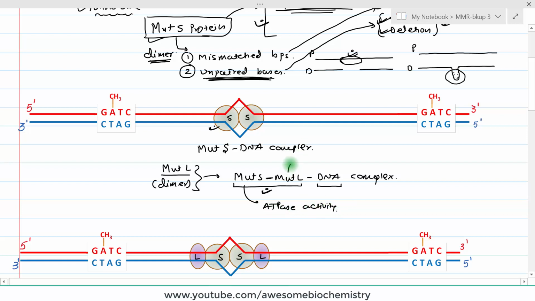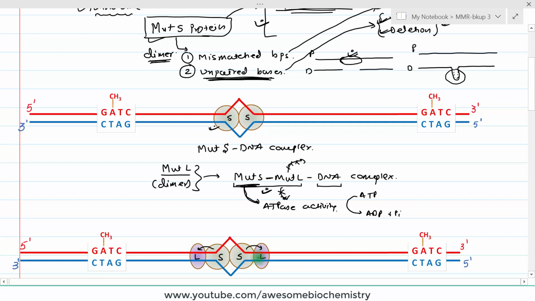Basically, you have to remember that MutL also has ATPase activity, but here it is not important. Here the important one is MutS and its ATPase activity. It will break down ATP to ADP and one inorganic phosphate. So energy is released and it is received by the MutS protein. This energy is transferred to the MutL protein. And what will this MutL protein do? Here also the same thing will happen.